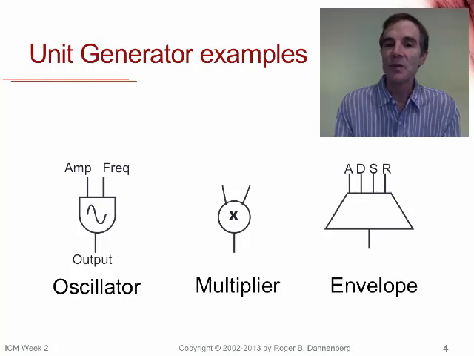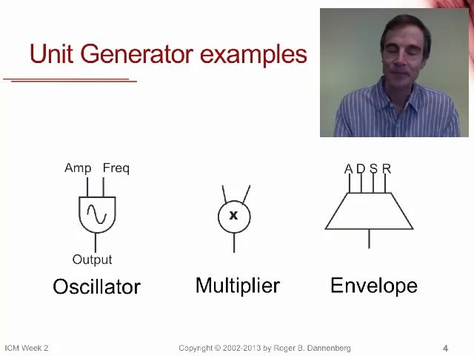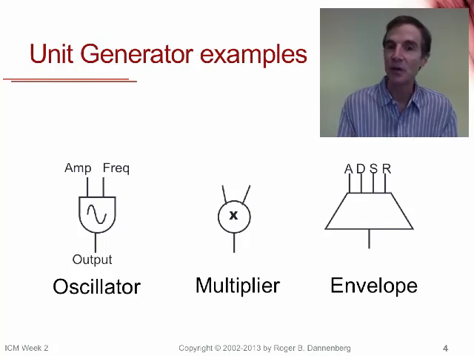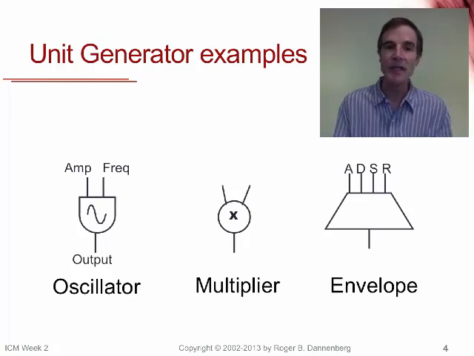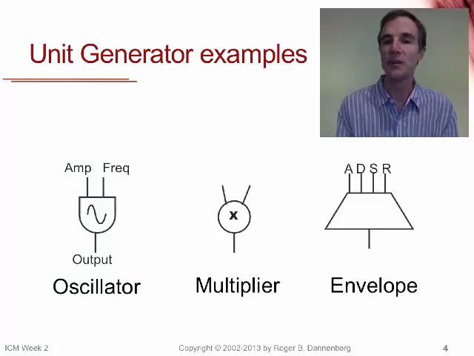Here are some examples of unit generators. These are the classic symbols that were introduced by Max many years ago. The oscillator has input controls of amplitude and frequency and has an output, which is sound.